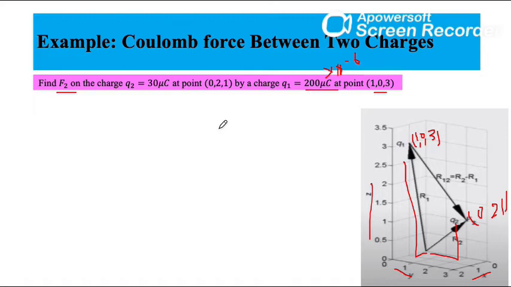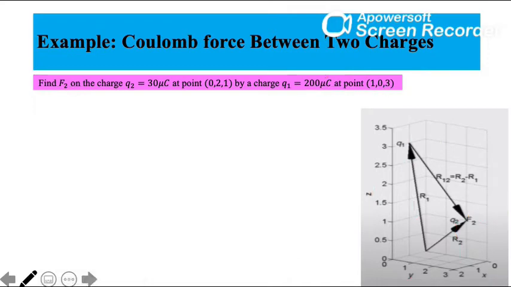If I denote the point where q1 is placed by vector r1, and the point where q2 is placed by vector r2, then Coulomb's law tells me that the force will act along the line joining the two charges. So this F2 will act along the line that joins q1 and q2.